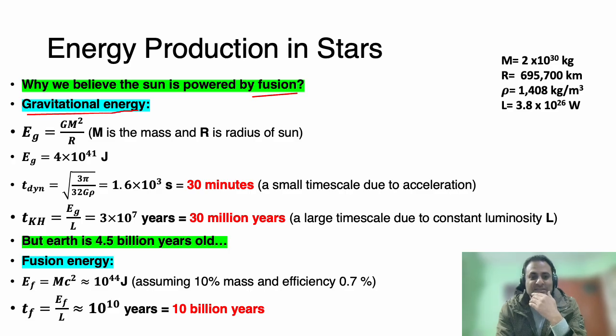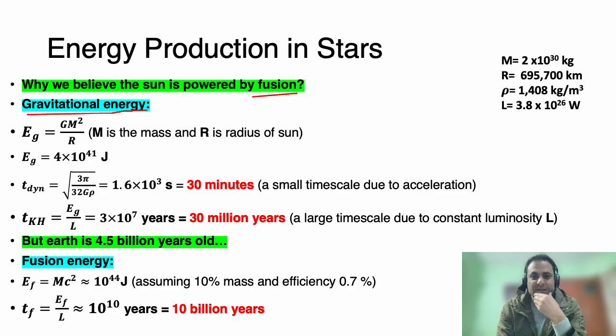One scenario is that if there is this huge amount of gravitational energy and it can be converted into light, how long can this survive? The other scenario is fusion. So let's first discuss the gravitational scenario.